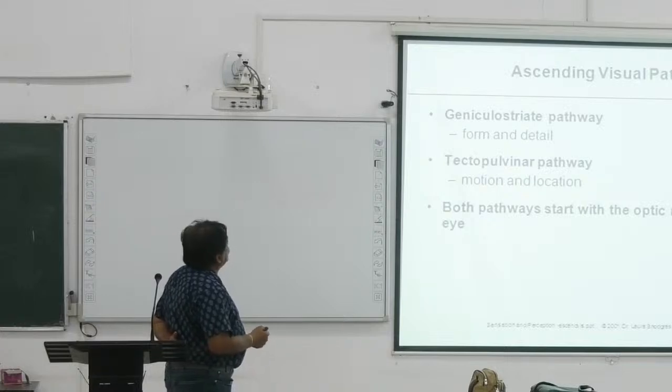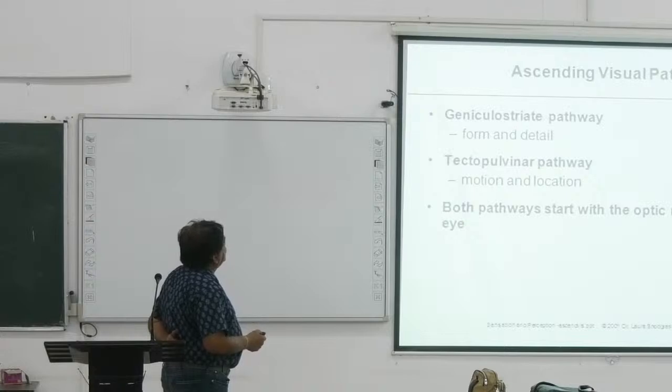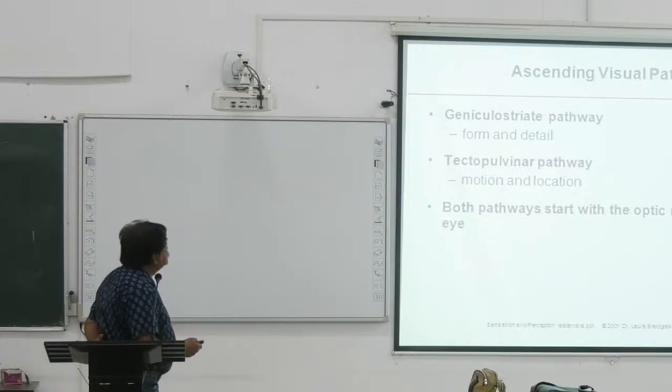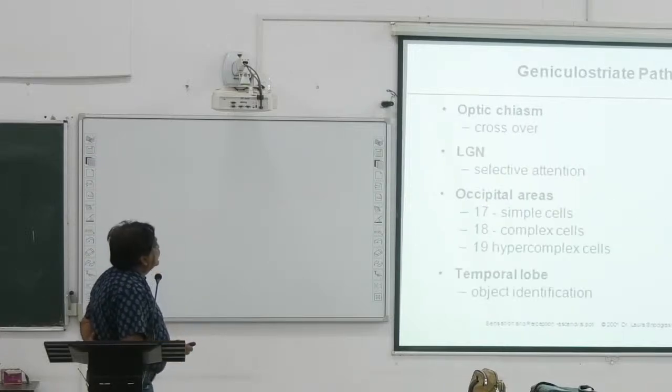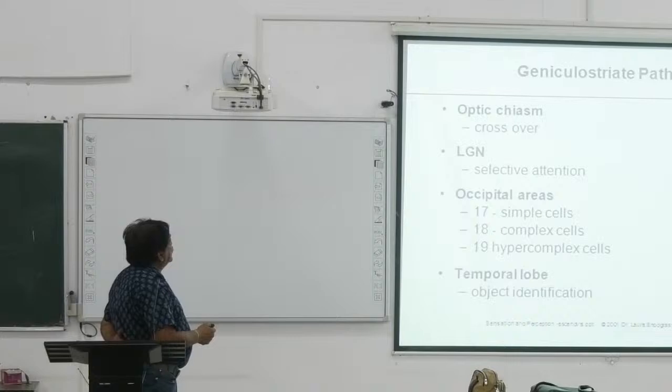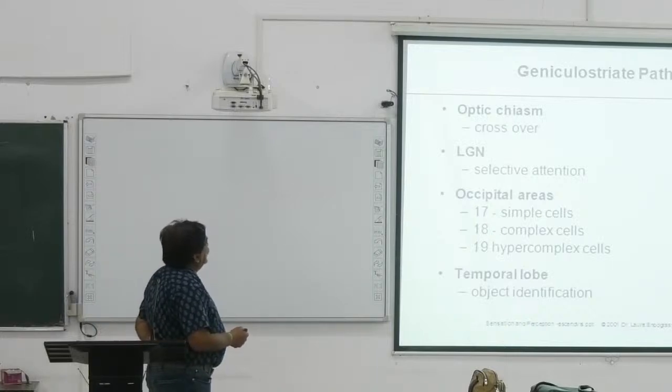Now, ascending visual pathways: geniculostriate pathway, form and detail; tectopulvinar pathway, motion and location. Both pathways start with the optic nerve leaving the eye. So, the ascending visual pathway, geniculostriate pathway: optic chiasma crossover and selective attention, occipital areas: 17 simple cells, 18 complex cells, 19 hypercomplex cells.